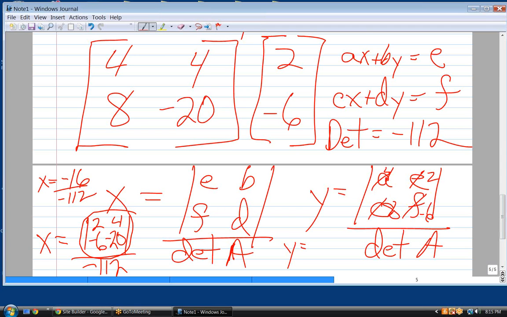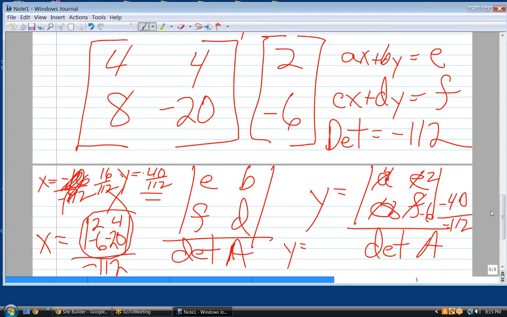Minus 24 minus 16. That looks like minus 40, all divided by minus 112. So, assuming I haven't made any mistakes, I get 40 over 112 for that, and I get 16 over 112 for that.